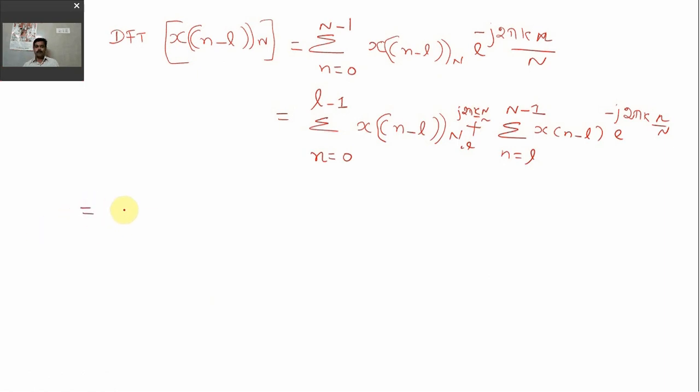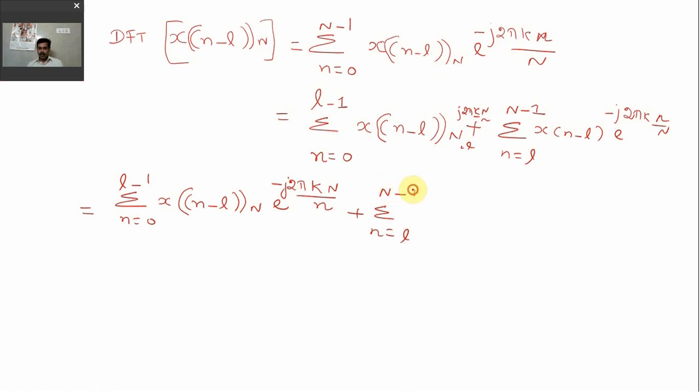So what you will be getting, I am writing it once more clearly. n equal to 0 to L minus 1 of x of n minus L, here you have to put the double bracket, into e to the power minus j 2 pi k n divided by N, plus n equal to L to N minus 1.